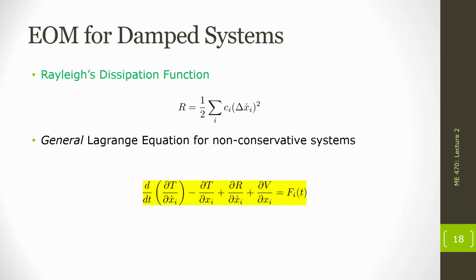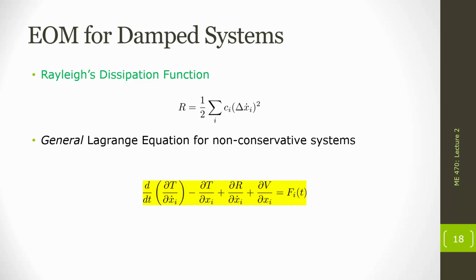So notice the two extra terms compared to what we saw before. We have this ∂T/∂x term, which is going to be taking our kinetic energy and differentiating it with respect to position. And now we have this R term as well. Typically, for the systems we're going to be looking at, our kinetic energy is not going to have an x term in it.